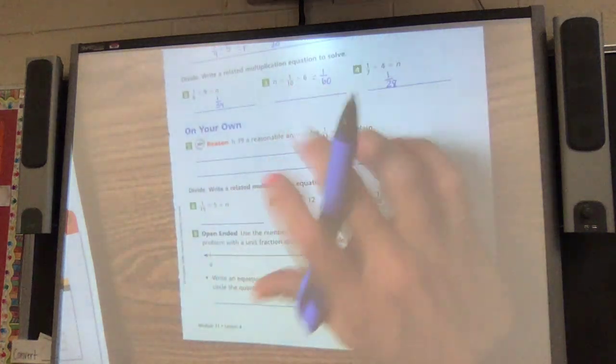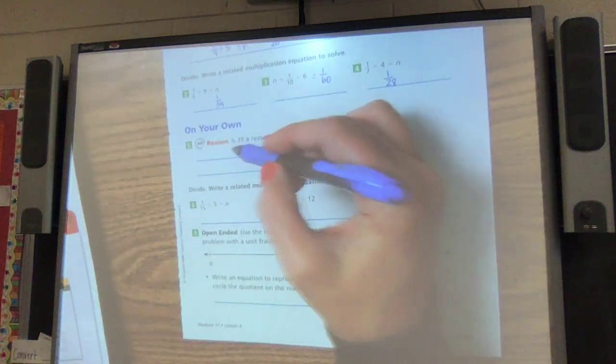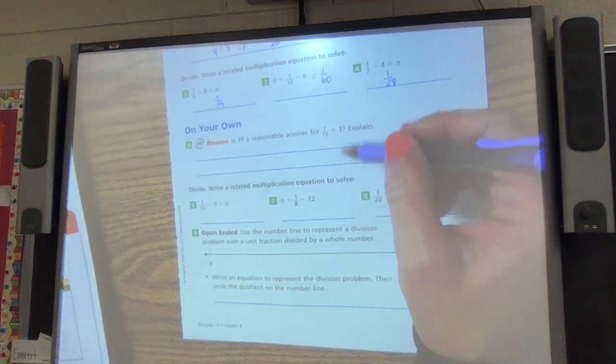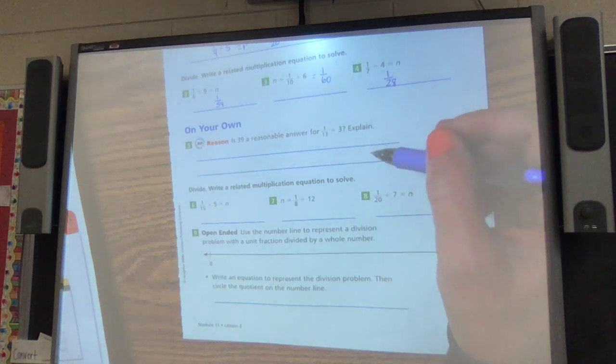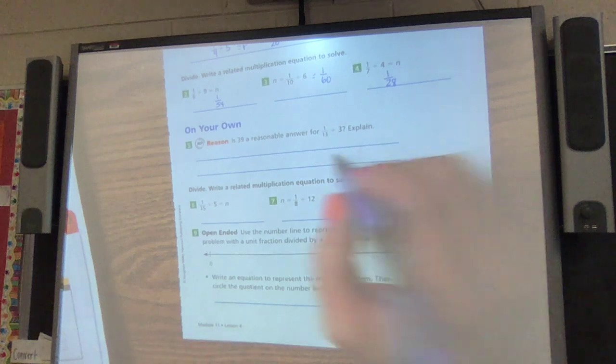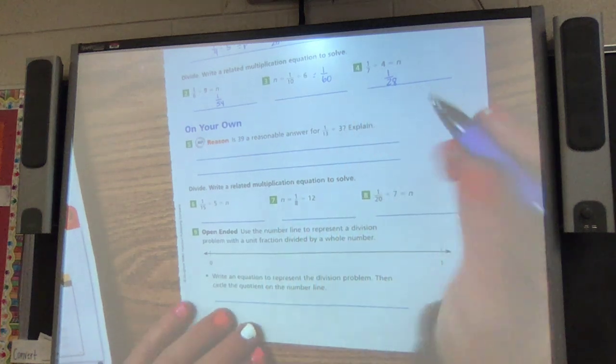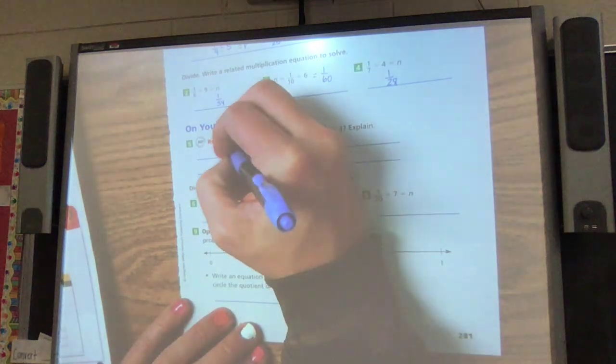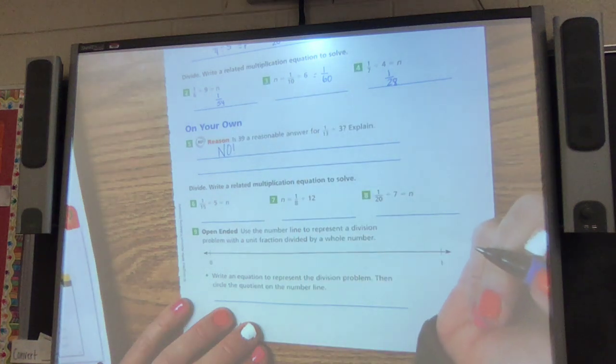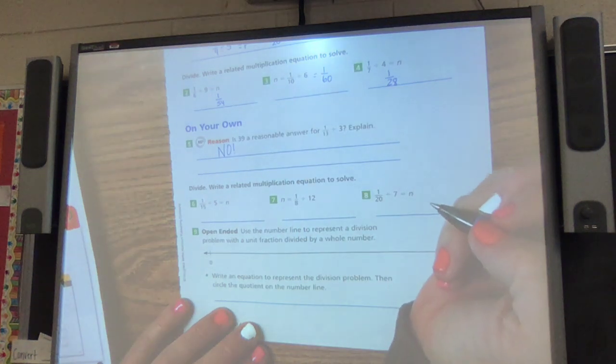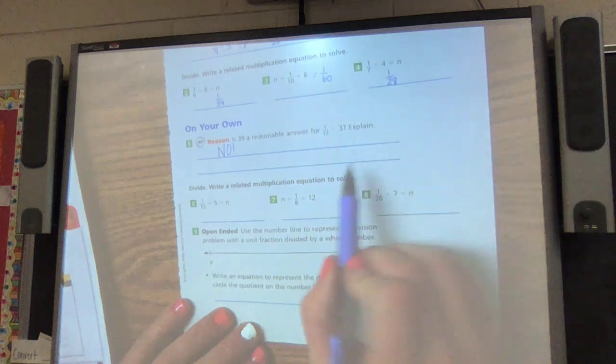Let's look at number 5. It says, is 39 a reasonable answer for 1/13 divided by 3? Is that reasonable, or does that make sense? No. Why not? Think about it. When we've looked at all of these, what have we said at first?